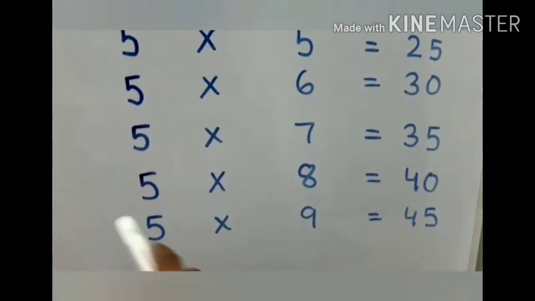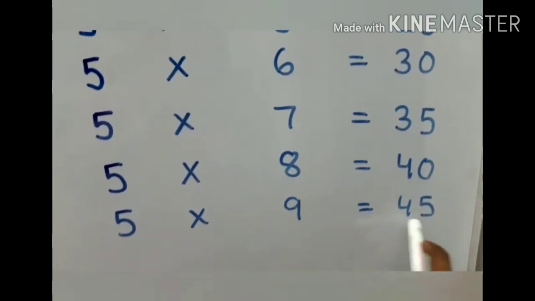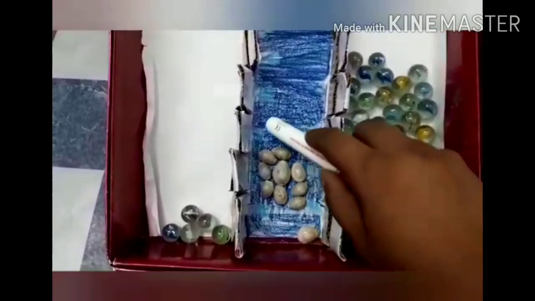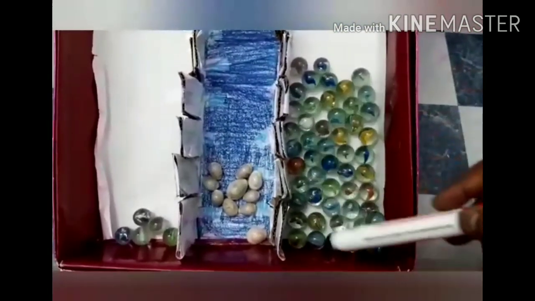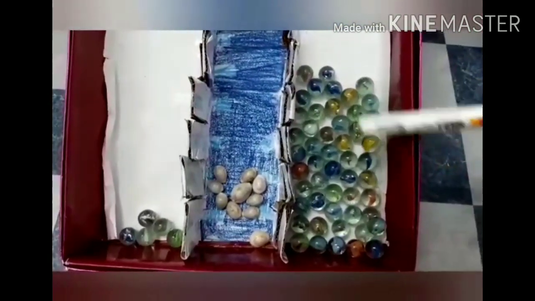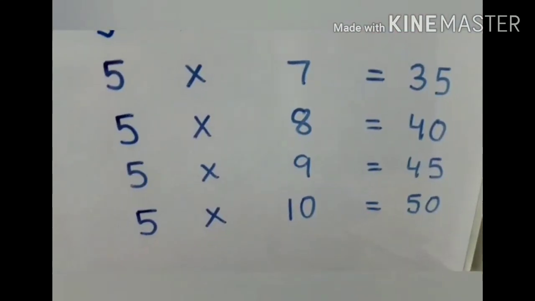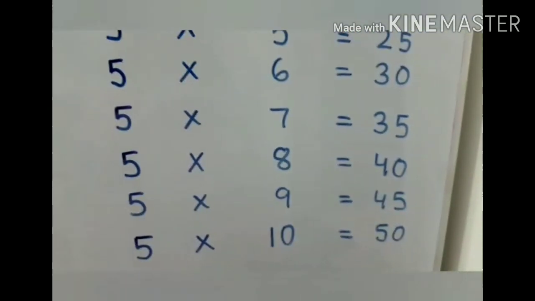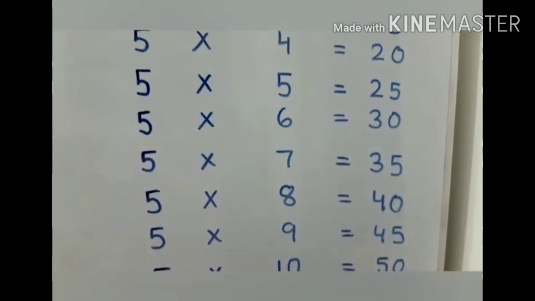See children, I have written 5 nines are 45. And the last one children, if I take out this piece of cardboard, then 5, how many? 9 plus 1, 10. 5 tens are 50. I have 50 marbles here. See children, I have written 5 tens are 50. So this is the table of 5.